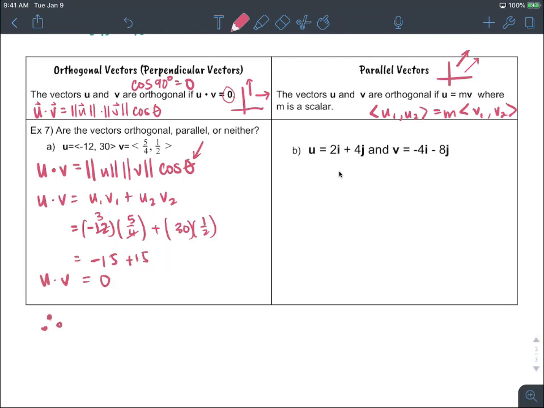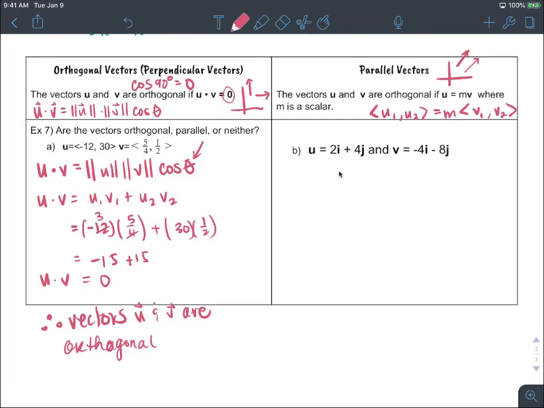Therefore, the vectors u and v are orthogonal, or perpendicular.